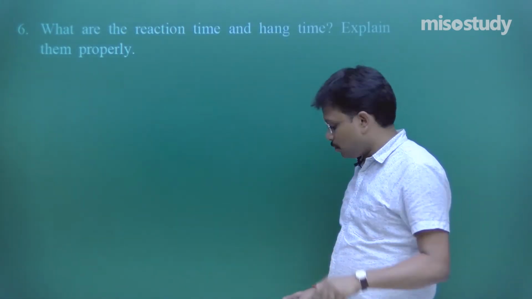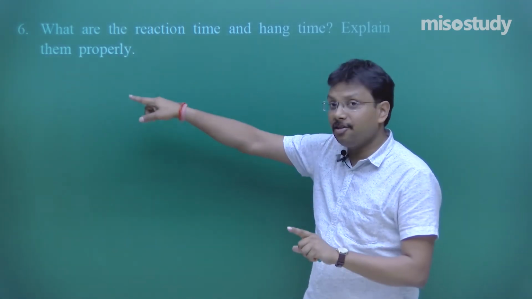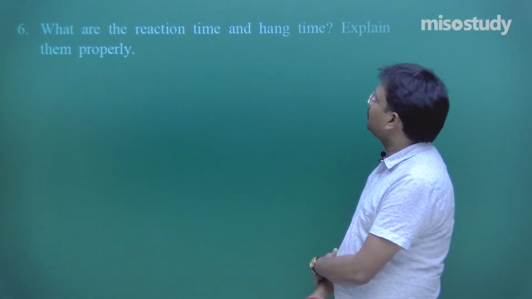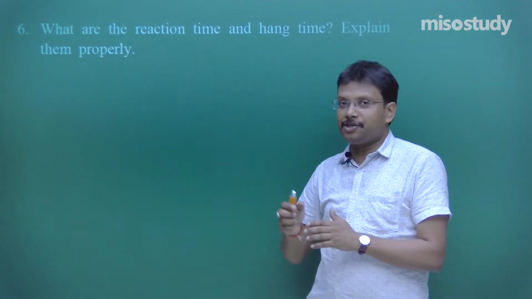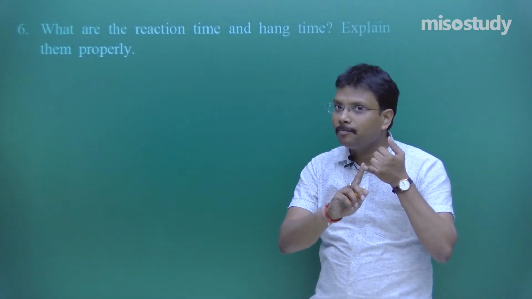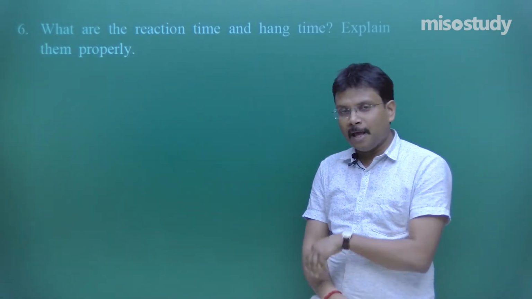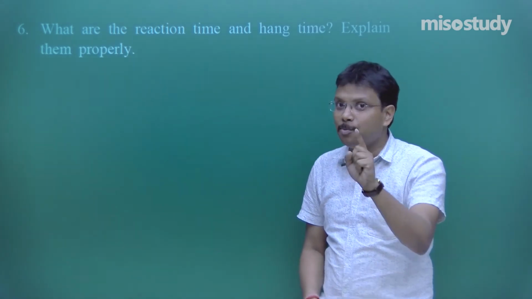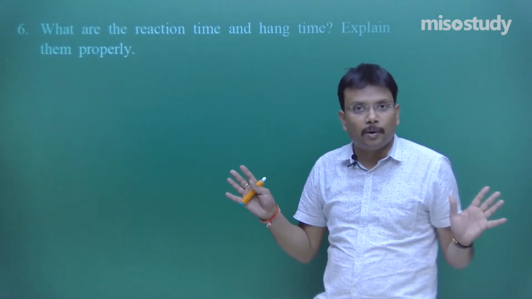Number 6. No instruction there, but the instruction is already mentioned on the backside. What are reaction time and hang time? Explain them properly. Now this question, no mathematics involved. As such, no complicated concept of physics is involved. But if you are not reading your textbook properly, you will not be able to answer this question.